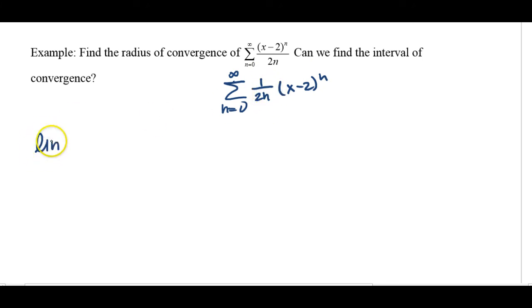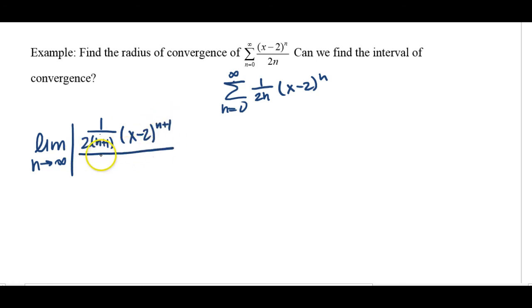So what I need is the limit as n approaches infinity of the absolute value of a sub n plus 1, so 1 over 2 times (n plus 1) times (x minus 2) to the n plus 1, all over 1 over 2n times (x minus 2) to the n.